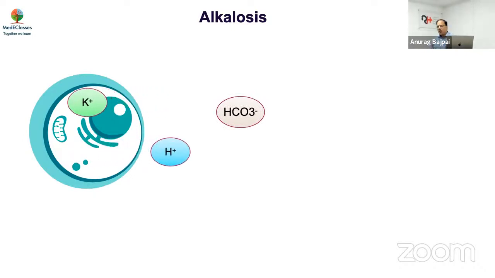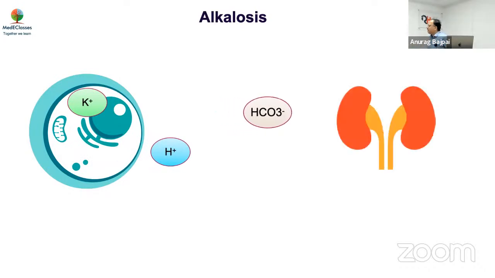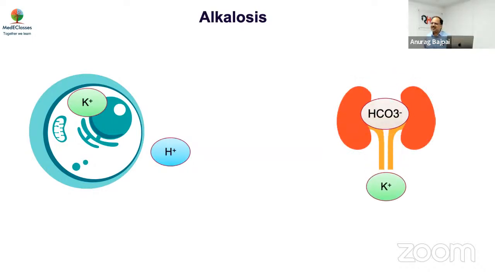So your body will push proton from the cells and potassium will go in. So you will have hypokalemia, and this proton will also, bicarb will also be exchanged there in the kidney. So you will lose both in the cell and in the kidney. So therefore, if you have alkalosis, you will get hypokalemia, a vicious cycle, as we have discussed, will happen.